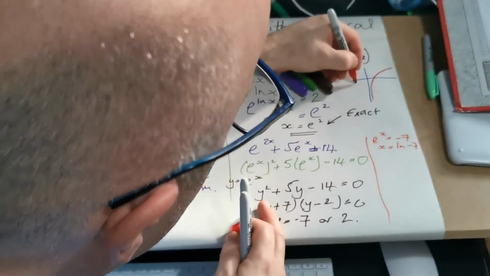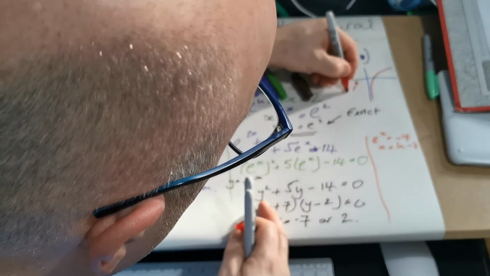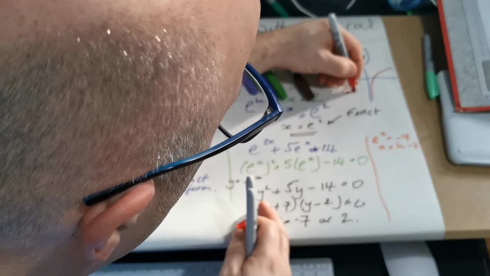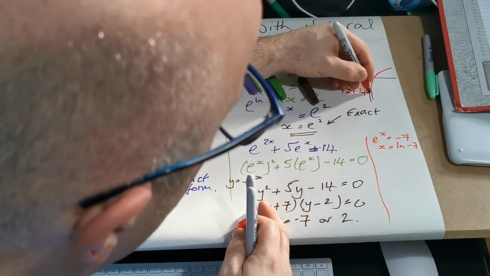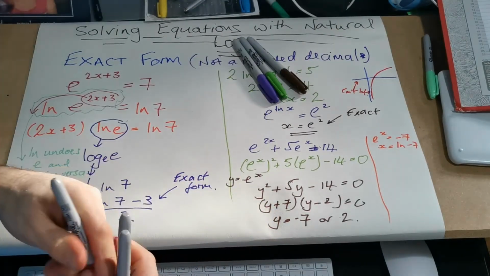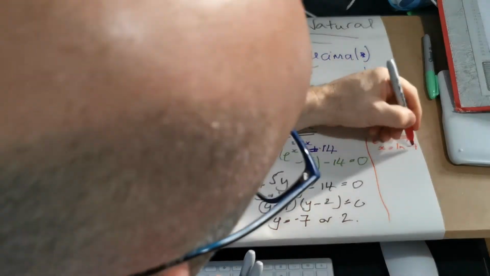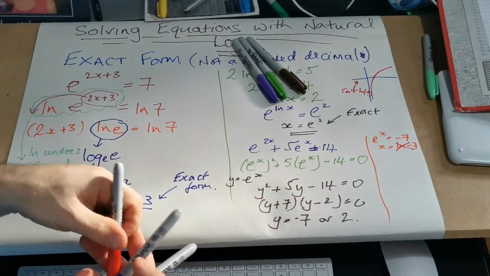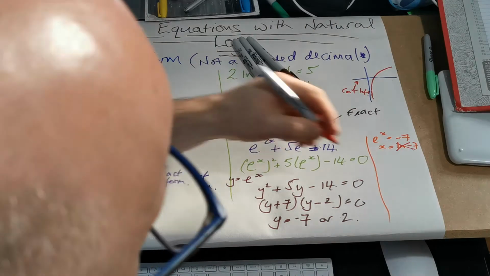So there's no ln for negative x. So you can't ln of a minus anything. So that doesn't exist. So we have to disregard that, but it's important to look at it first.